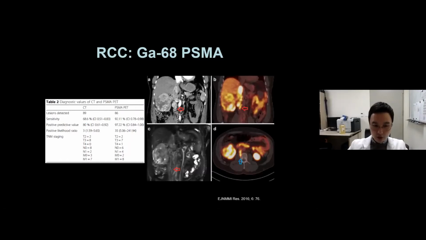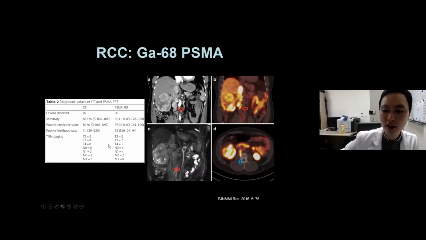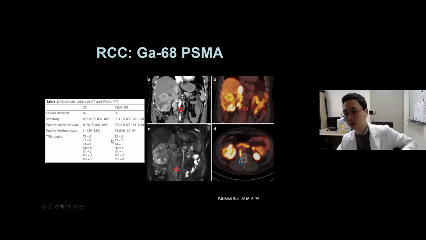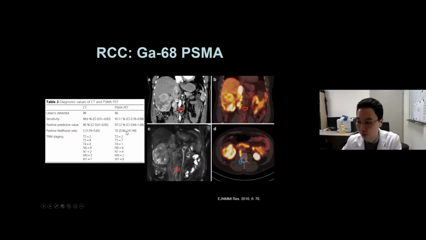This study, reported in 2016, showed that PSMA PET/CT can have better sensitivity and positive predictive value compared to conventional CT for detecting renal cell carcinoma and also its invasion, like tumor thrombus in the inferior vena cava.